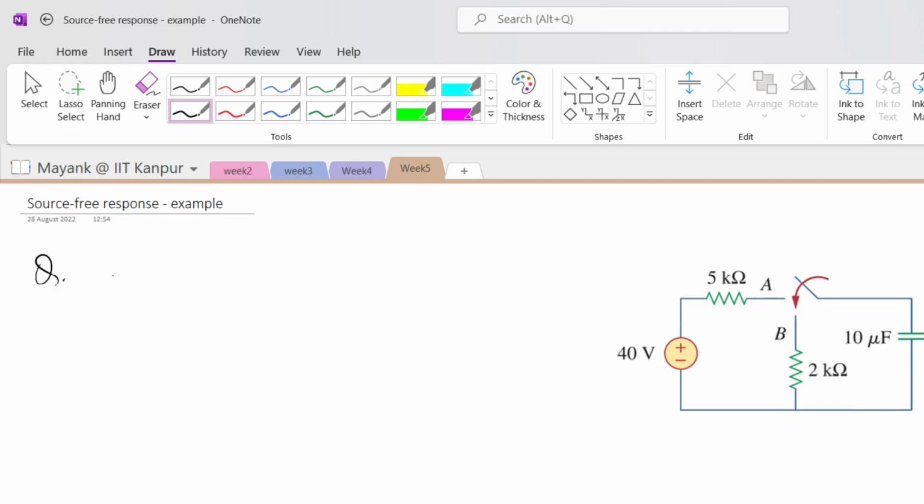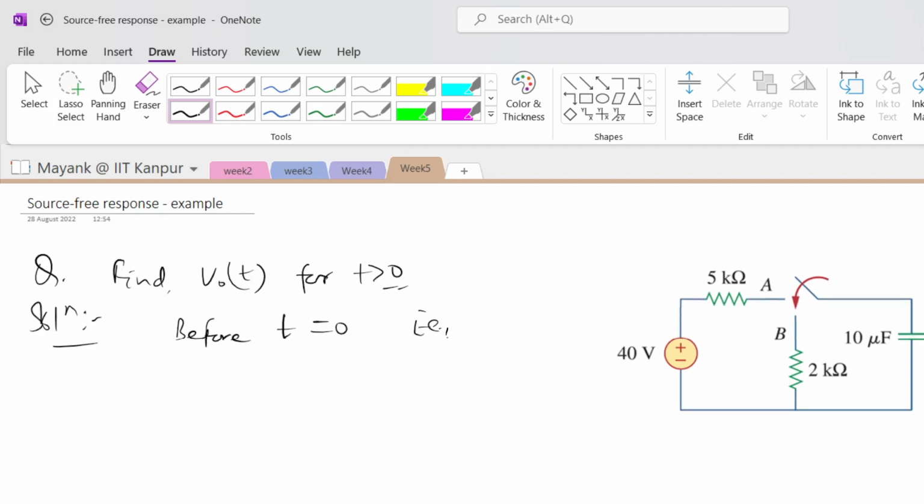So the question was, find V naught of t for t greater than 0. So let's now try this question. Before t equal to 0, that is for t less than 0, what was the condition? The circuit was like this.